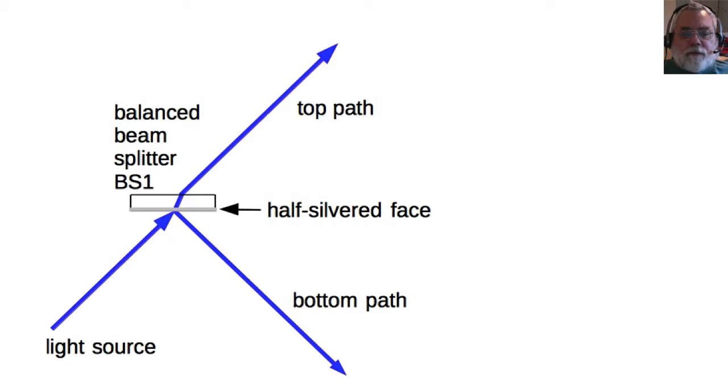The light source hits beam splitter 1, whose half-silvered face is bottom facing. Half of the intensity will be reflected off the half-silvered face and take the bottom path.